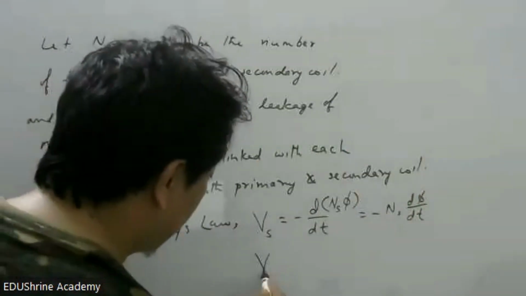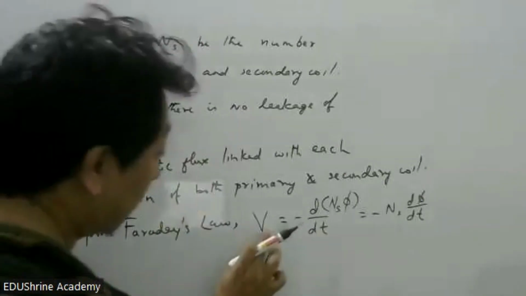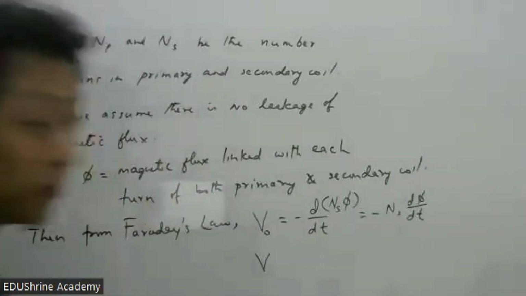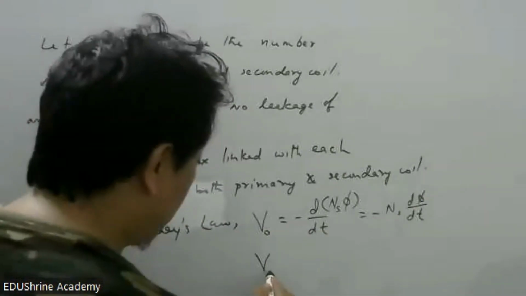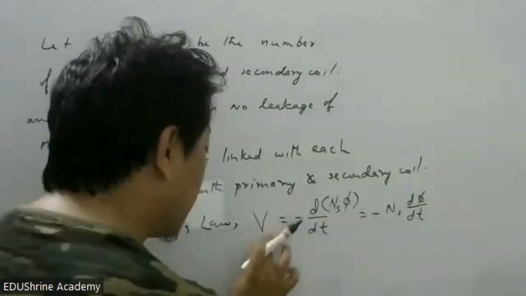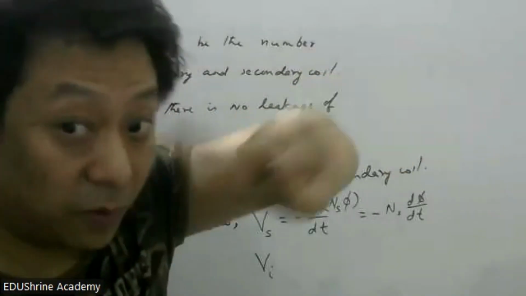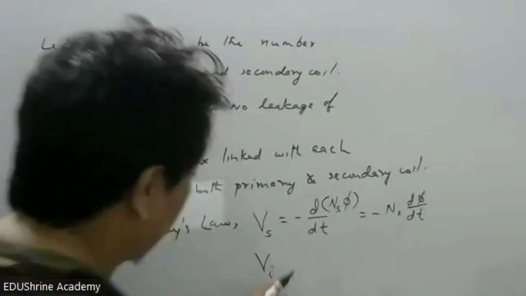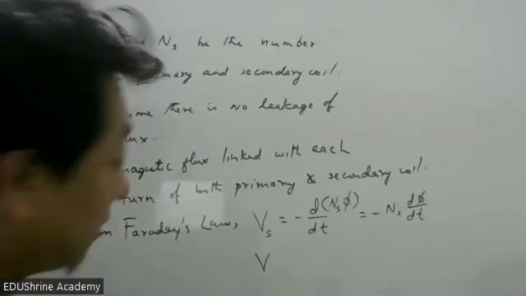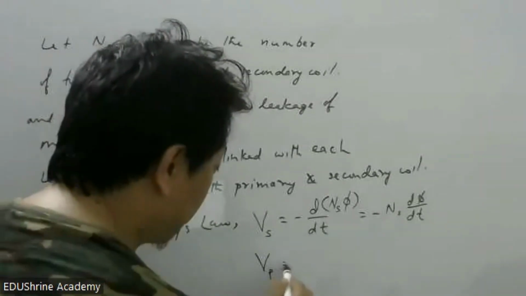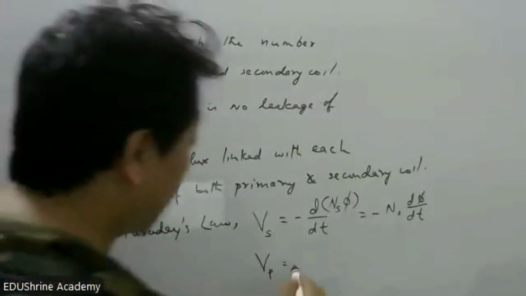What about the voltage induced in the primary? Let me write this as output, VO. Or let me write VS only, no problem. But remember, your Vs is your output voltage, which I wrote before as V naught. And your input voltage is your primary voltage. That will be what?